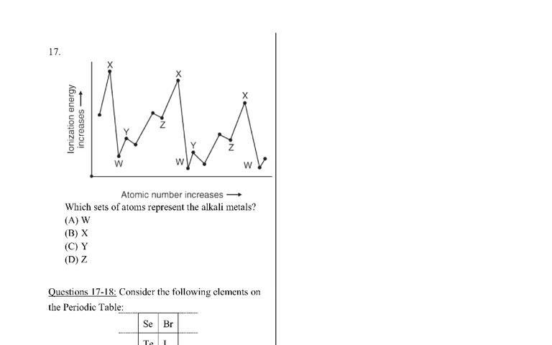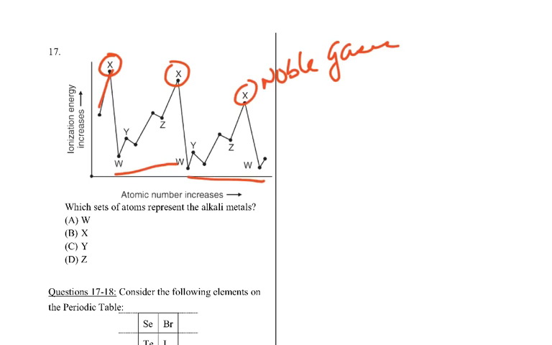Which set of atoms represents the alkali metals? Now we saw this picture on our station review. Something we should have learned is that all these guys up here, these peaks, those are all the noble gases. That's because for every row, here goes across a row, start over, here's a row, start over, here's a row. For each row, the very highest ones farthest to the right are the noble gases.